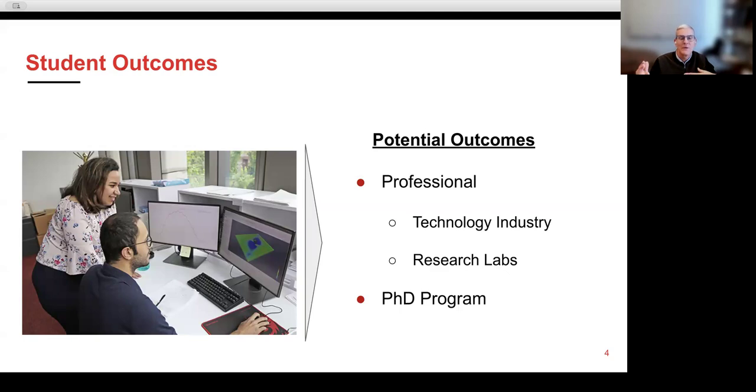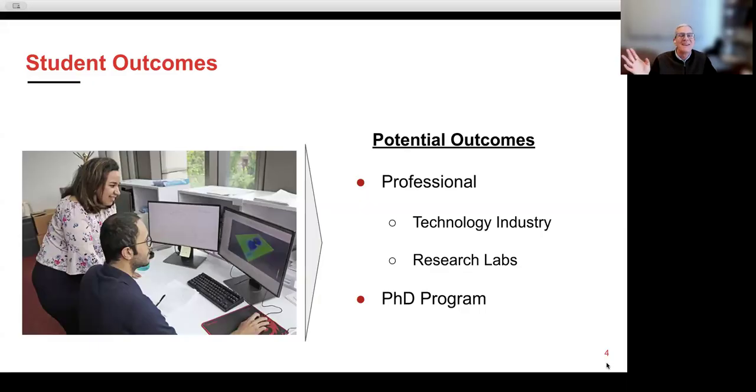Or are you very interested in doing a PhD program? Do you want to use this as a stepping stone into obtaining a PhD? We've had students that have explored all these different areas.